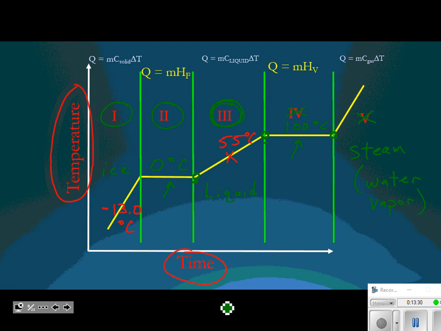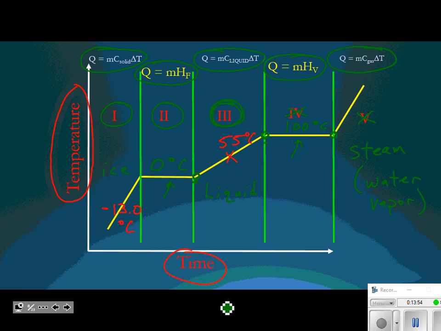Well, you can see that on my chart up here, I have 5 different equations to calculate Q. And Q is the amount of energy, and we're going to label that in joules when we do these. Okay? So our label will be joules, the amount of energy.